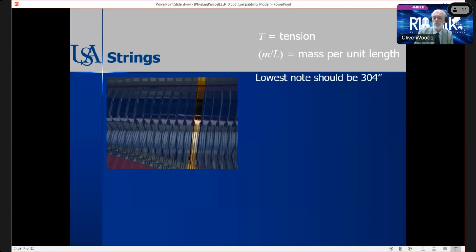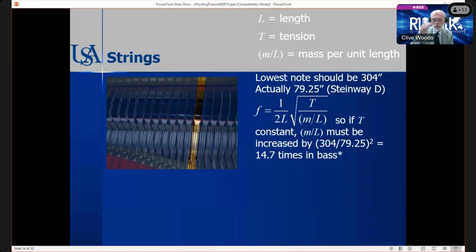The lowest note we just decided should be 304 inches. It's actually 79¼ inches on a Steinway concert grand. There's the formula for the frequency. So if the tension is constant, the linear density has to be increased, and you can just put the numbers in. It turns out to be nearly 15 times in the bass.